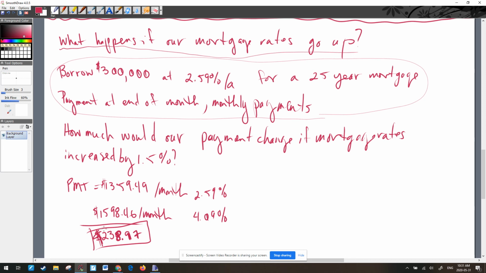So if that's the cap of what you can afford, and the interest rates go up, you probably can't afford it anymore. And so the housing crisis that happened down in the States, and most of you won't remember it because it was, goodness, I guess 12 or 13 years ago, this is exactly what happened. People went out and got low-cost mortgages, low cost in the sense that interest rates were really low.